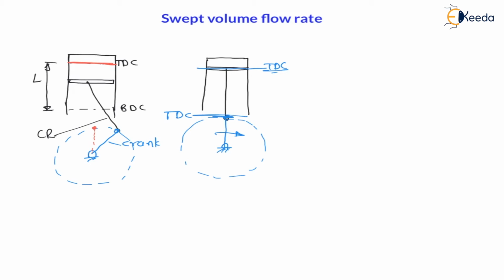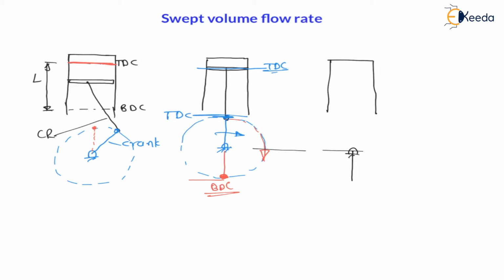Now, as the crank covers half rotation, by rotating like this, crank comes to this location, that is bottom dead center of the crank. Then the piston will also come to the bottom dead center. Let us understand the bottom dead center position of the piston. For bottom dead center position, the crank is pivoting at this point. The crank will be like this.